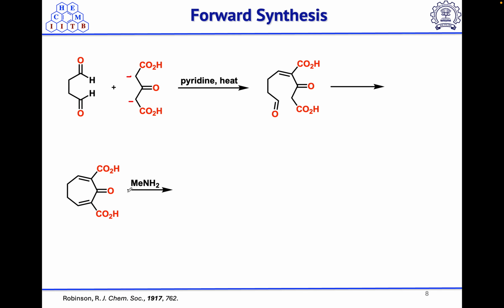So now what will happen? I have drawn the reagent methylamine. Okay, so what will happen? It is the nucleophile, and you have your electrophile in the system. So write down the product. Then I will show the next step. Okay, this is a very simple product.